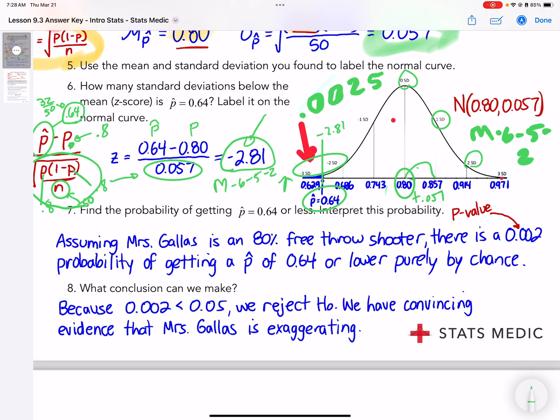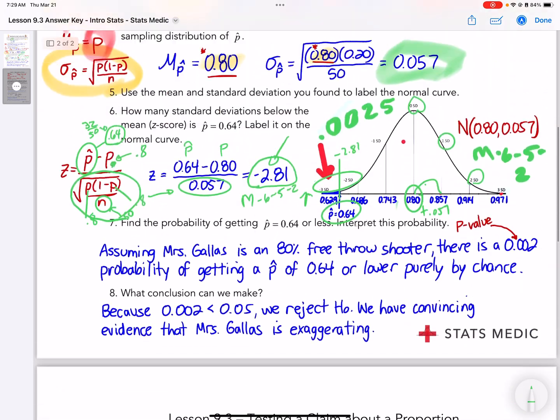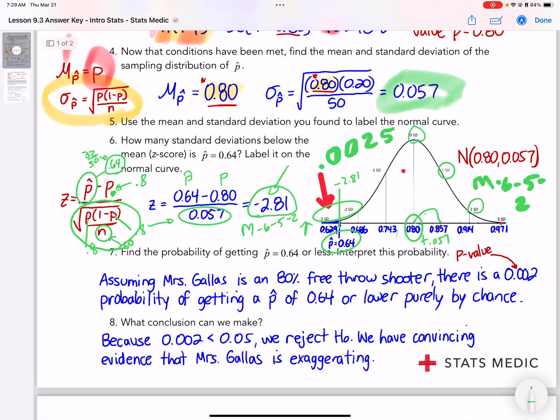Remember the first step: you're going to assume this is true. Assume H0 is true. Okay, you're assuming H0 is true.